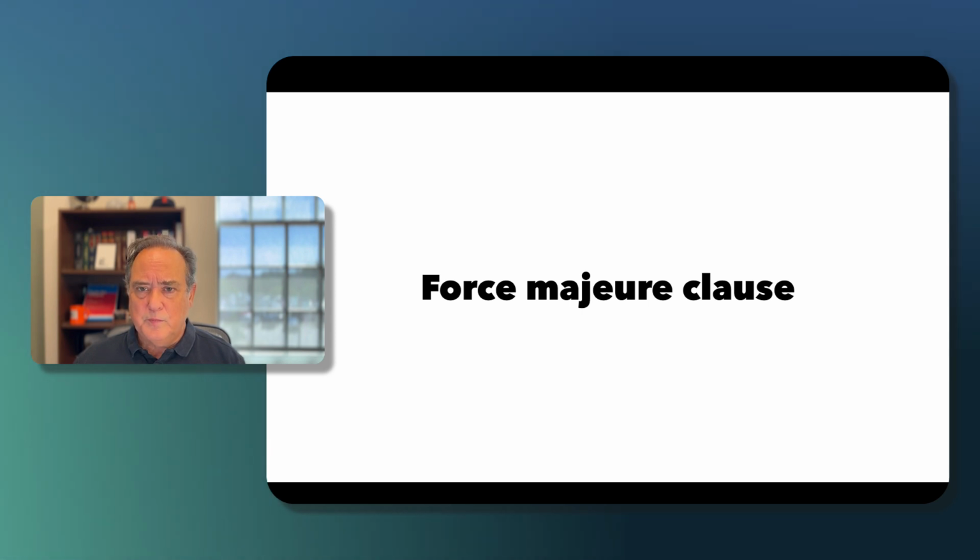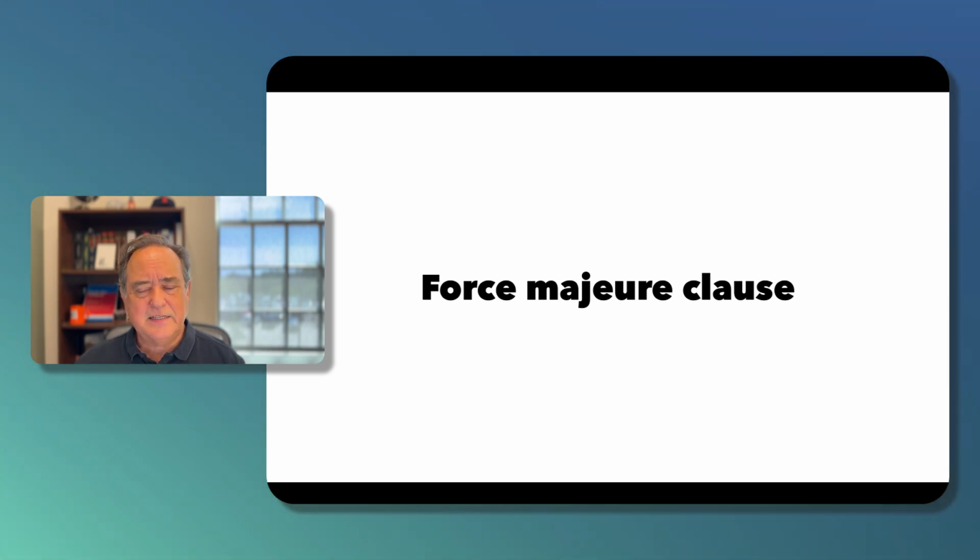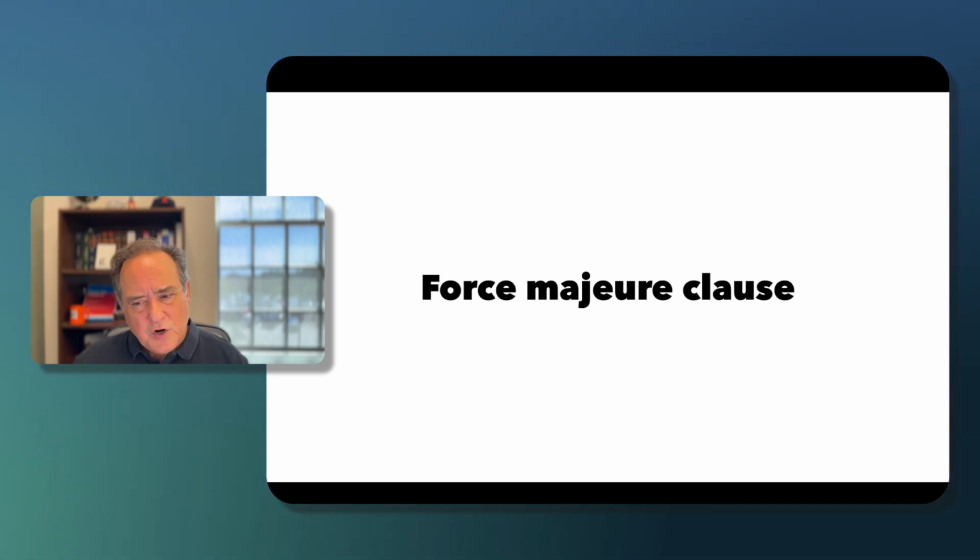So what lawyers have done is to create a clause that goes into a contract that essentially permits termination of the obligations under the contract through contractual means.